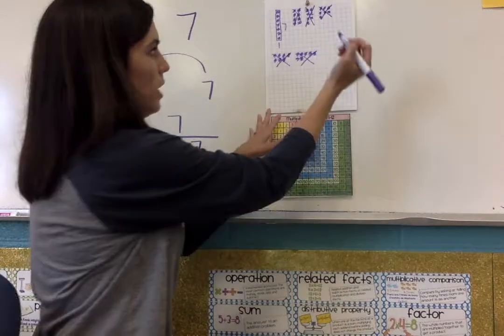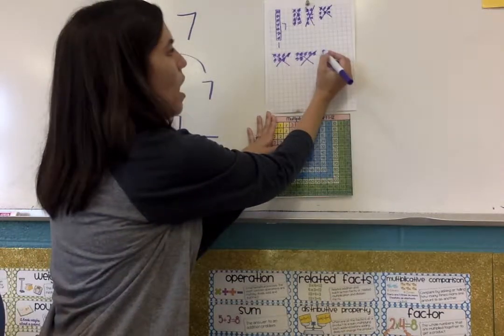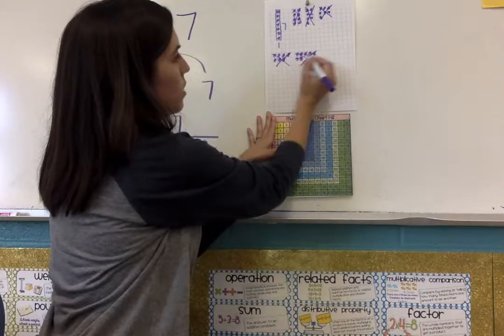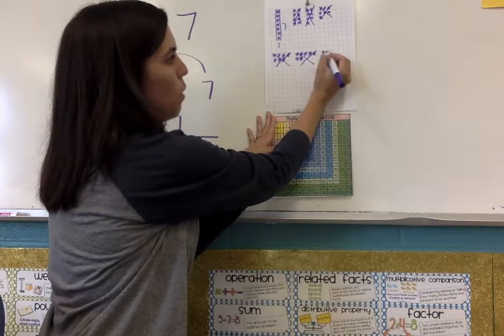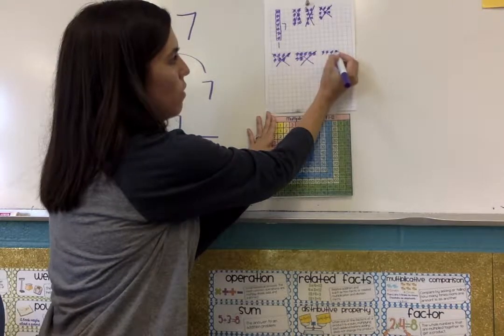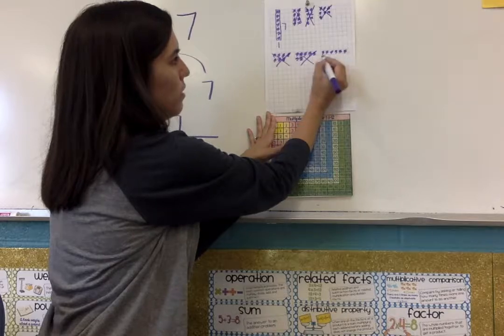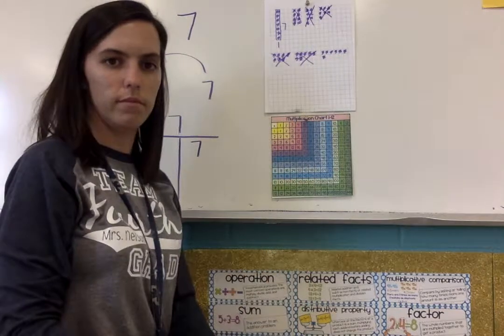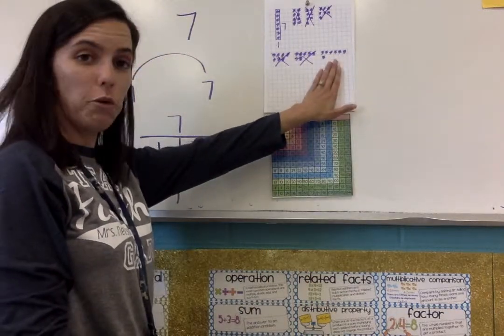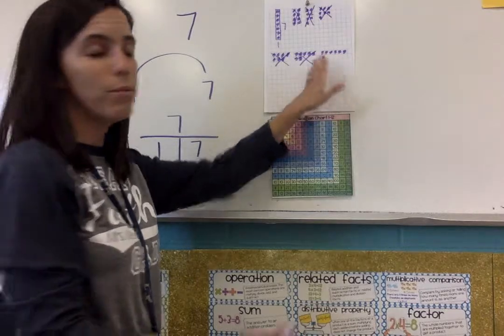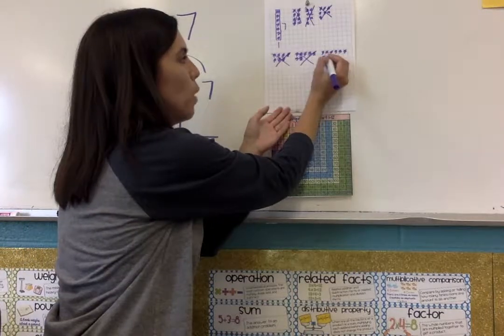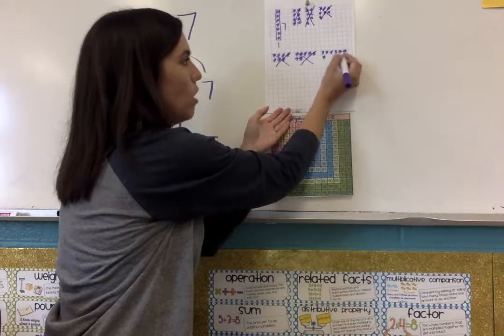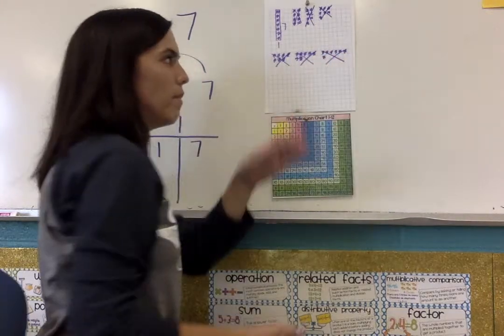Okay, let's try 6 columns, because last time we tried 5 columns. 1, 2, 3, 4, 5, 6, 7. Okay, is this an equal rectangle? No. So I know, since I used 1, 2, 3, 4, 5, 6 columns, 6 is not a factor of 7.